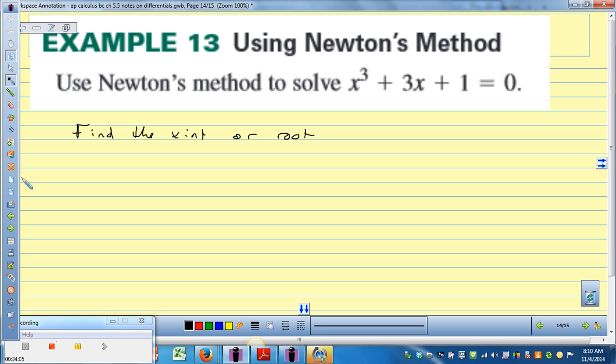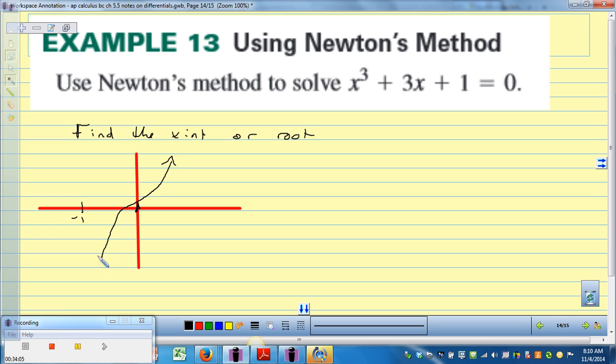And if I were to do a sketch of this, it looks something like that. So again, I now know that my root is between 0 and negative 1. And it's closer to 0. So I'm going to pick my first x to be negative 0.2.